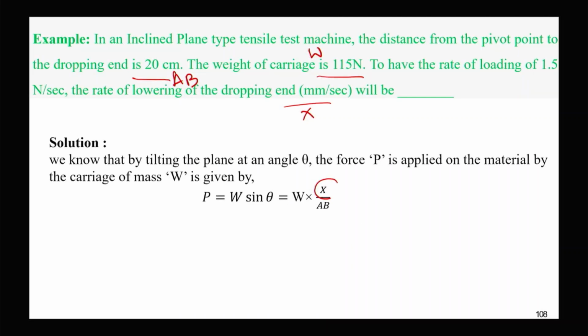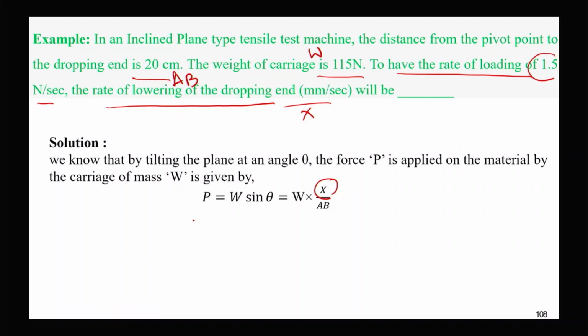So what we have to do is calculate the rate of lowering of the dropping end, which is x, to have a rate of loading of 1.5 Newton per second. So we have to calculate x in this relationship.